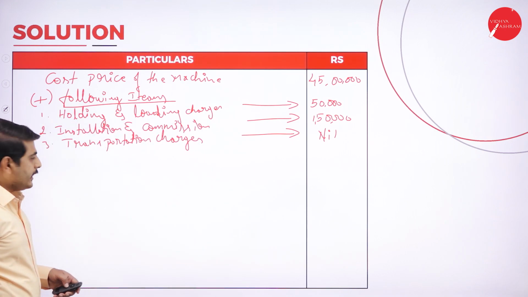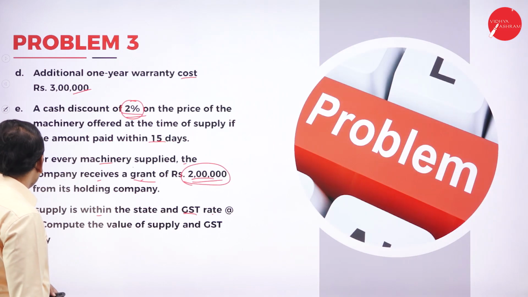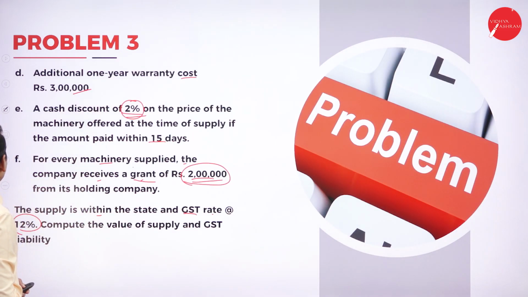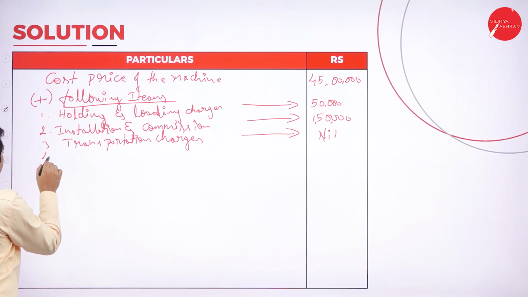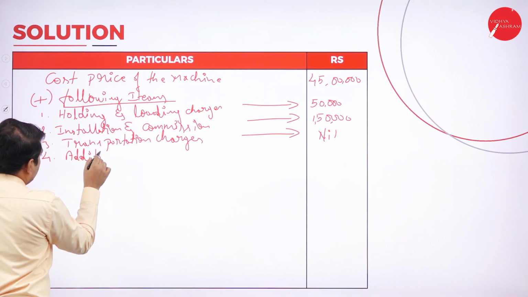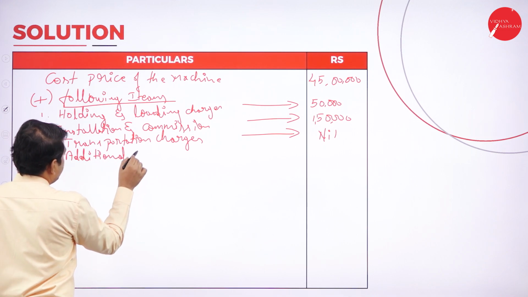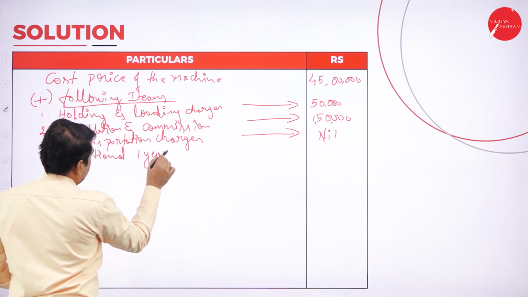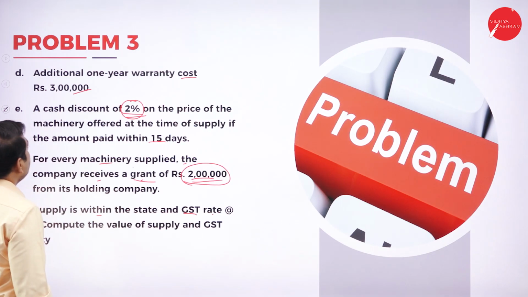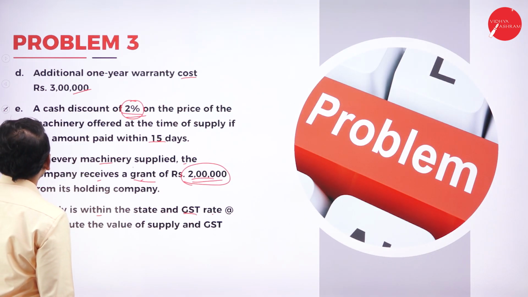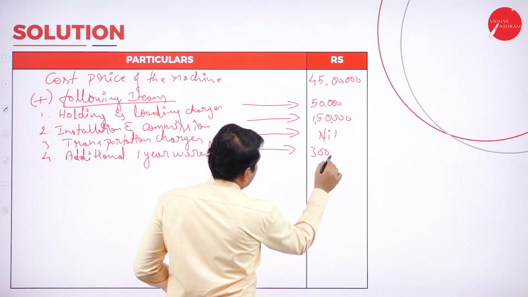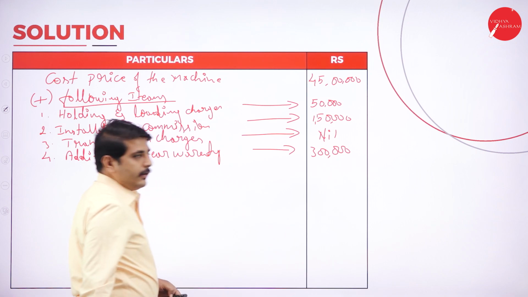So otherwise you can ignore that. Next one, additional 1 year warranty we can add. Fourth one, additional 1 year warranty. How much warranty? Cost is 3 lakh. So it is 3 lakh. Next one.